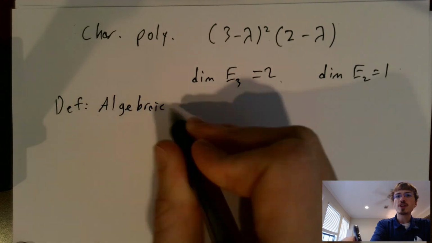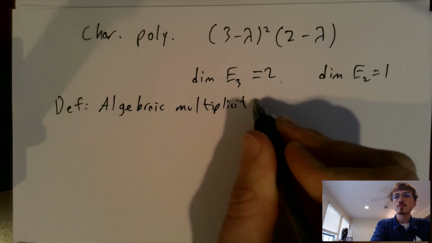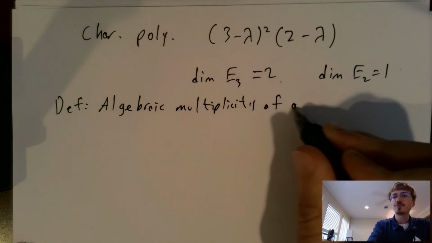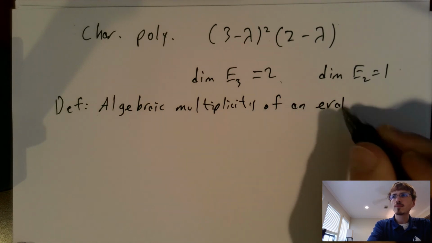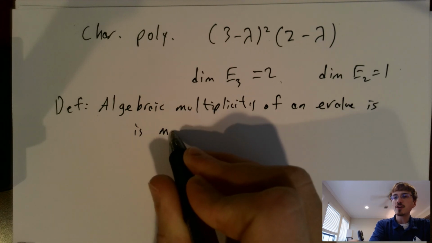The algebraic multiplicity of an eigenvalue is its multiplicity as a root of the characteristic polynomial.